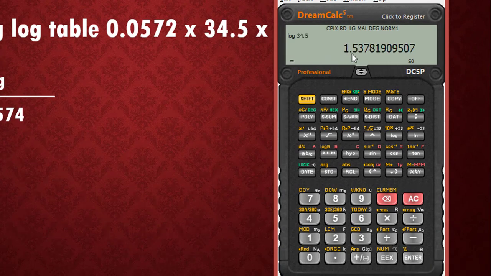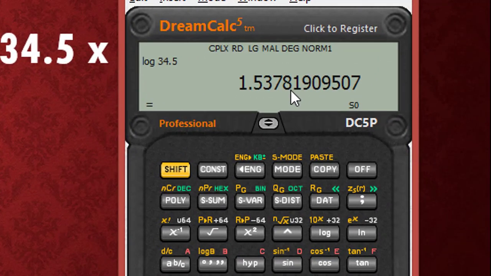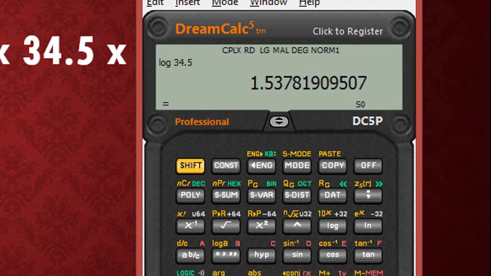So that gives us 1.5378. This 8 is where we are approximating to, because the mantissa needs to be 4 figures. If we approximate the 9, this 1 becomes 2. If we approximate 2, it's still 0. So 0 plus 8 will still be 8. So we have 1.5378.